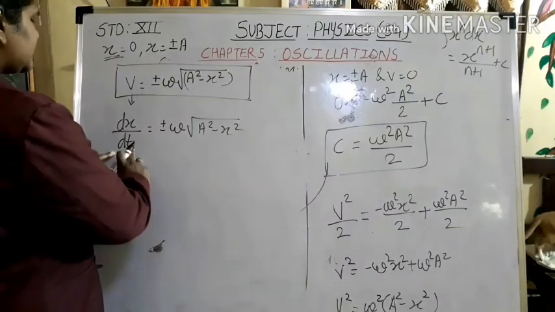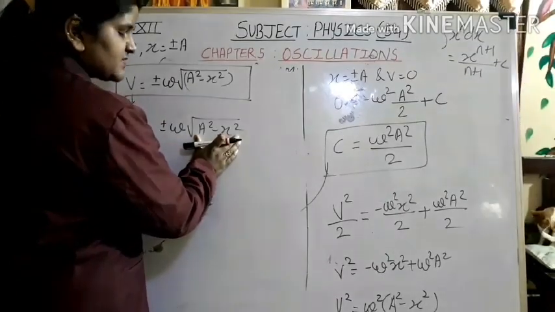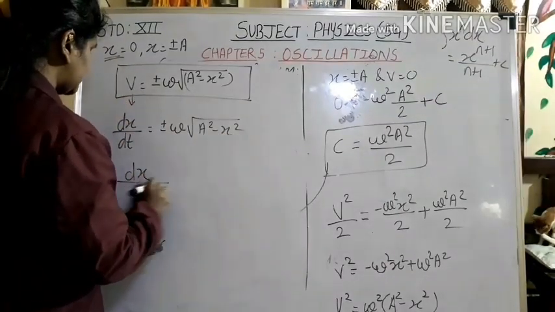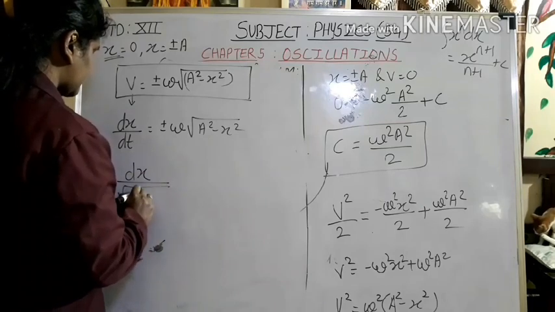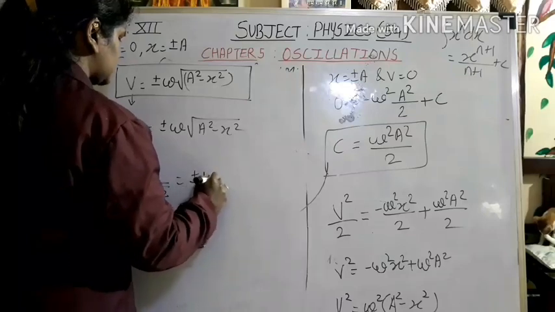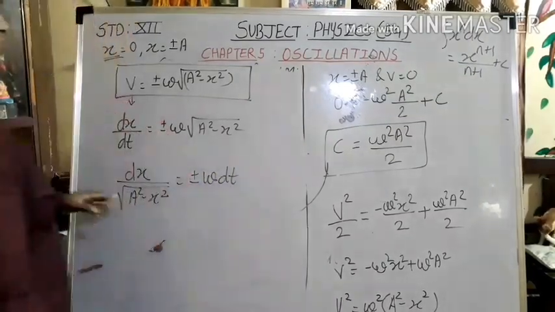So I will just write dt to this side and the term which contains x to the side of x. So what will happen? Dx divided by under root a square minus x square is equal to plus minus omega dt. So I got this.